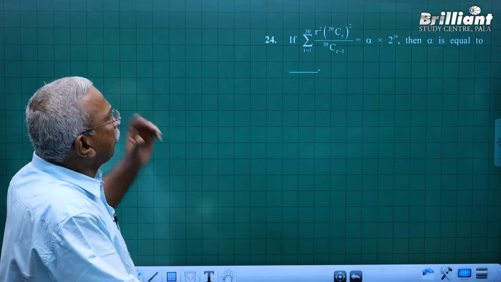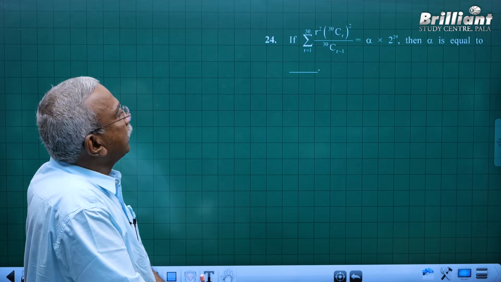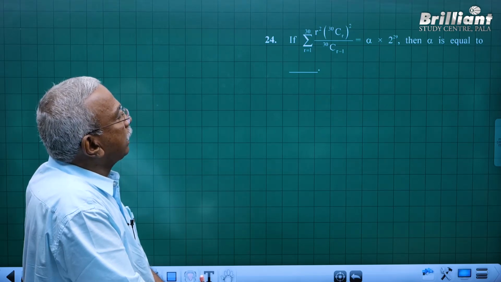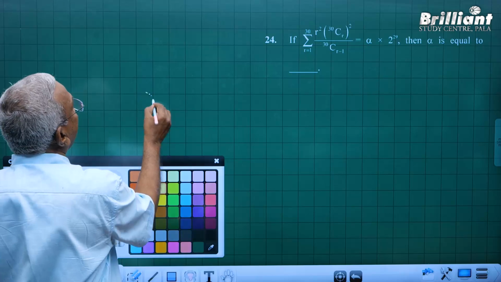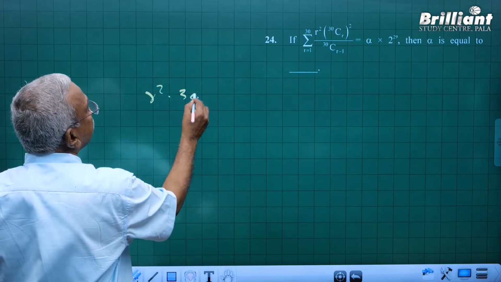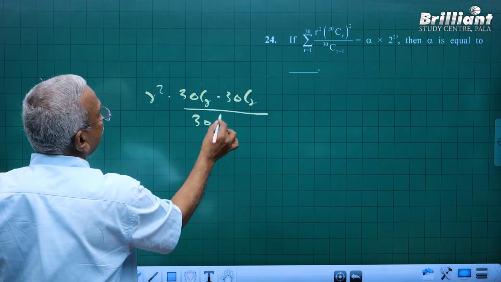Now, question number 24. If 1 to 30, r square into 30Cr raised to 2 divided by 30Cr minus 1. So, we can do initially r square into 30Cr into 30Cr divided by 30Cr minus 1.